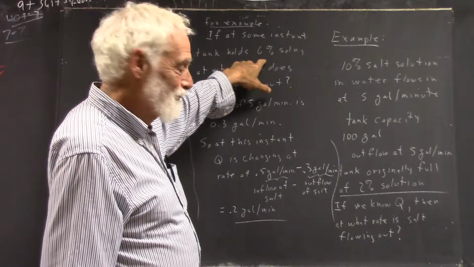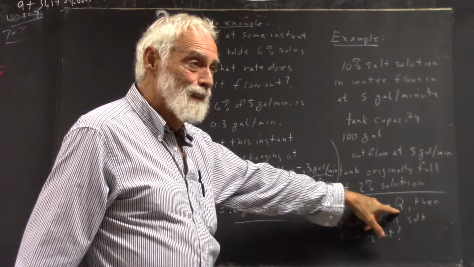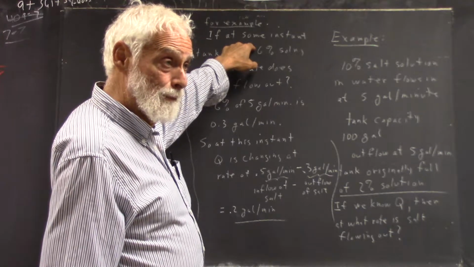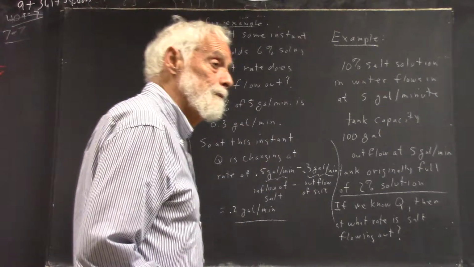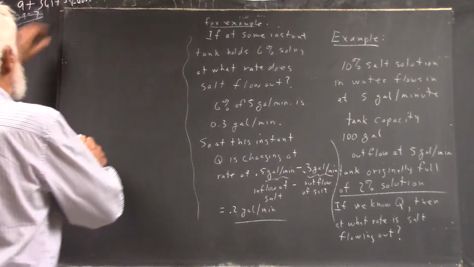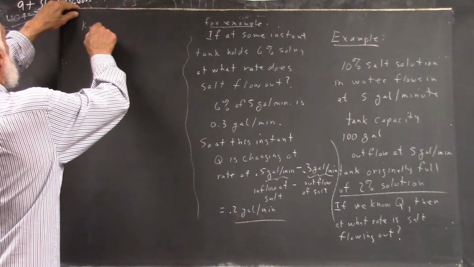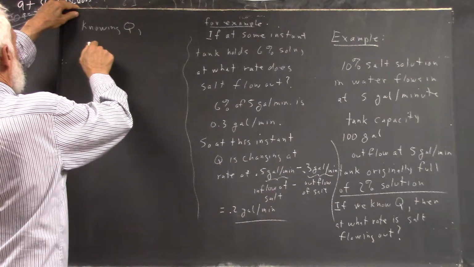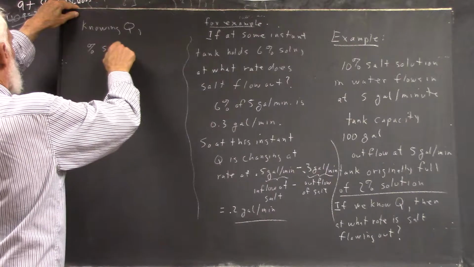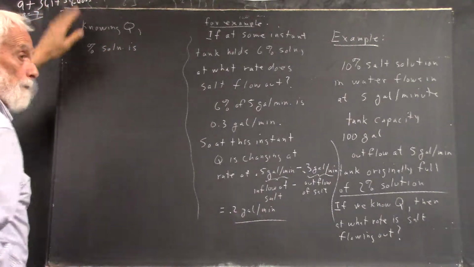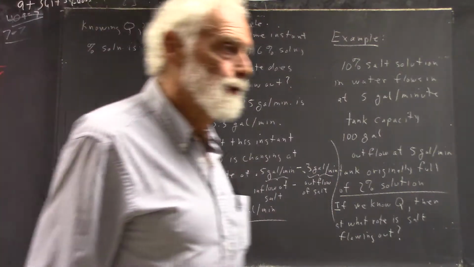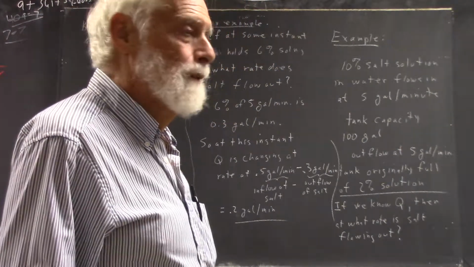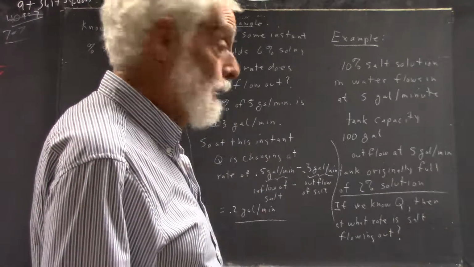So whatever Q is, you're going to be able to figure out the percent solution, right? Like if Q is 8 gallons, what's the percent solution? 8%, because you got 100 gallons in the tank.